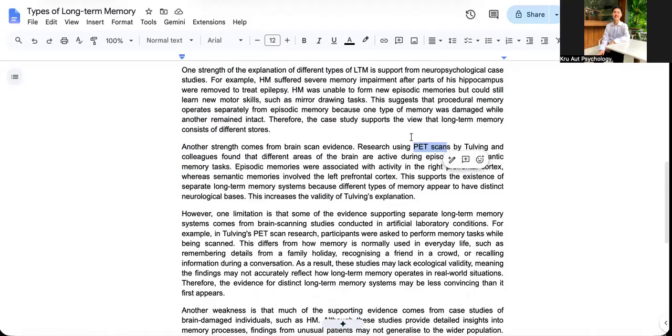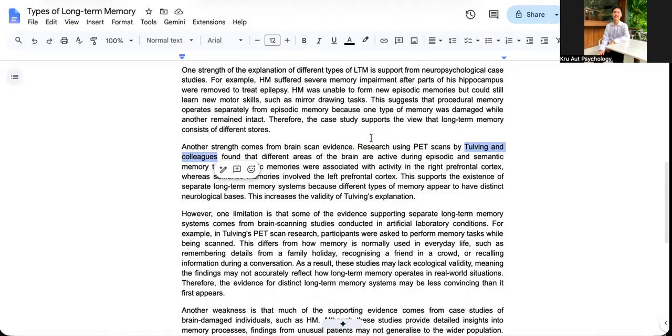And if you can't remember, some students say, can I make up and maybe say MRI? If you do that, my advice would be to not say Tulving and colleagues. Inventing your own study works as long as you don't put in names of researchers. If you can't remember some detail and you put in names of researchers and that study exists, the examiner can Google that study.